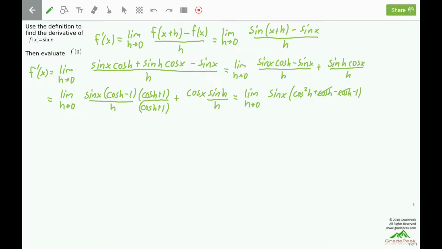Outside and inside terms always cancel, over the multiplication of the denominators, which we're not going to distribute or FOIL. We'll just leave it the way it is. Now this is added to the second term. Now after canceling out the outside and inside terms of that trig conjugate, we have a cosine squared h minus 1.